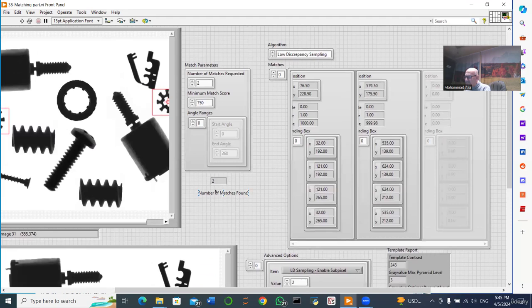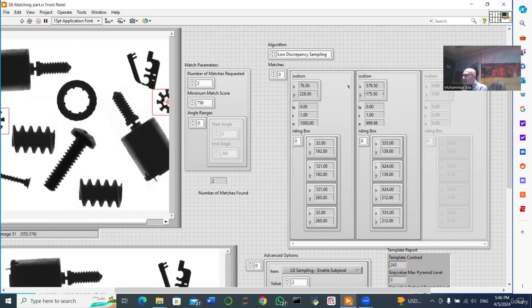Number of matches is given equal to 2. You are supposed to expect the number of matches. So number of matches requested is given by the engineer. And the minimum match score you expect, you allow from 1,000. Here it is given 750, it is good. Number 800, 750 is very normal.